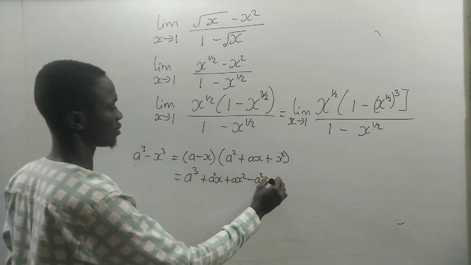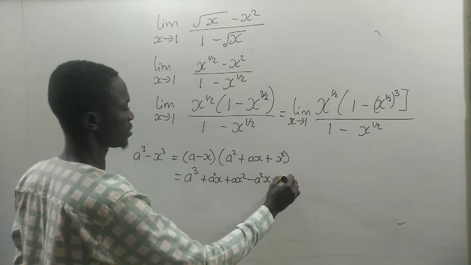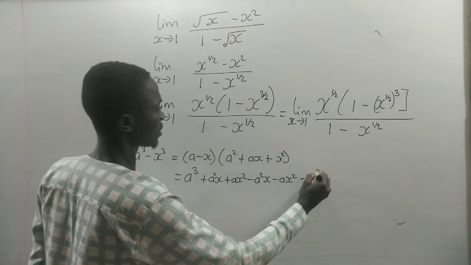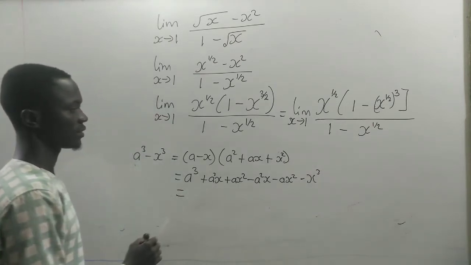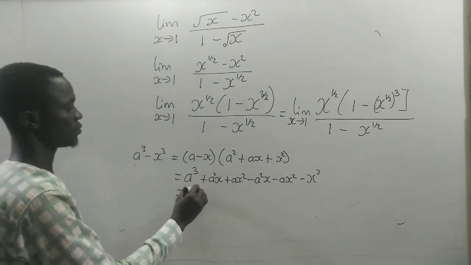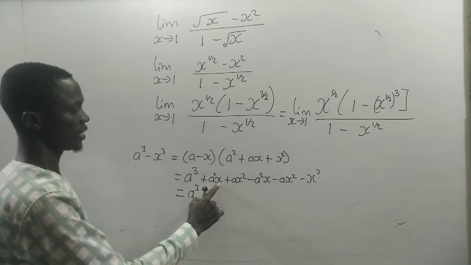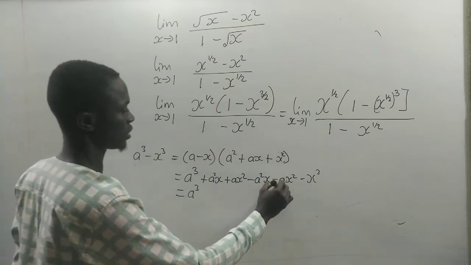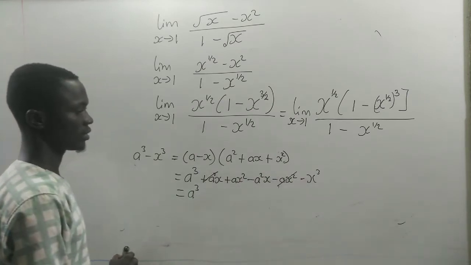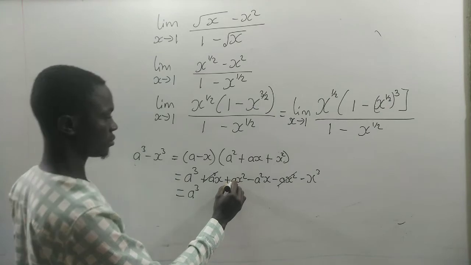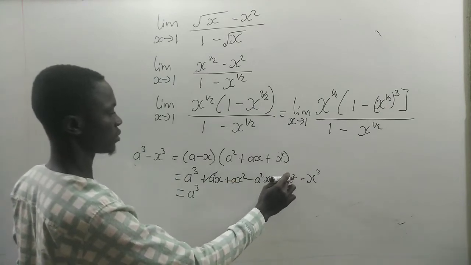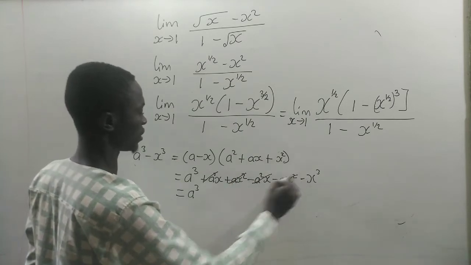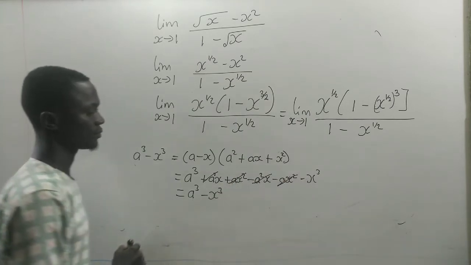This times this will give us minus ax squared. This times this will have minus x cube. So here you see that we are going to have a cube back. A squared x will cancel this, this one will cancel this, and you get this back.